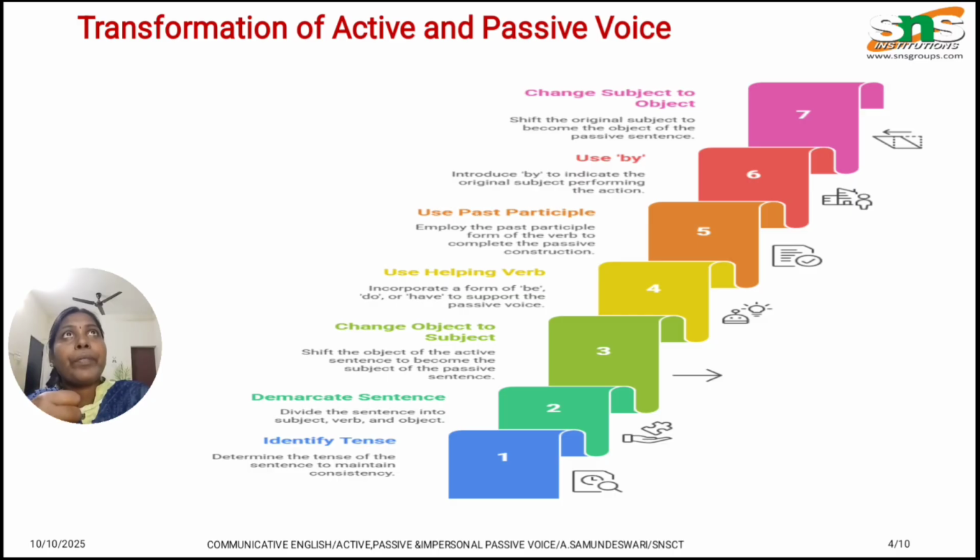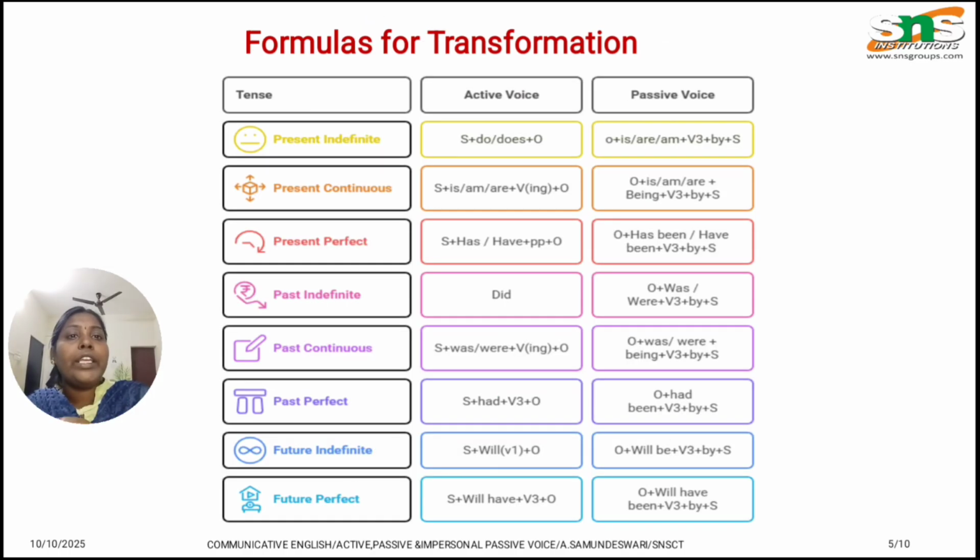Similarly, use the past participle form of the verb and use the preposition 'by' afterwards, changing the subject into the object category. These are all the things that must be performed, the application of rules to get an answer. While doing it like this, you can get your answer very easily, and you can also cross-check your answer. And here are the formulas for transformation.